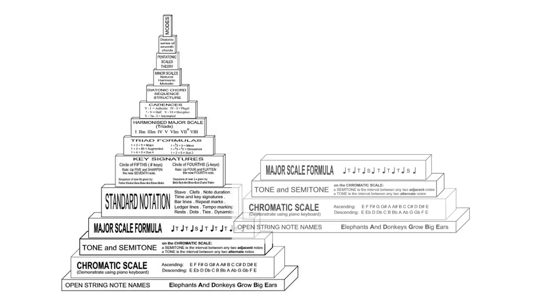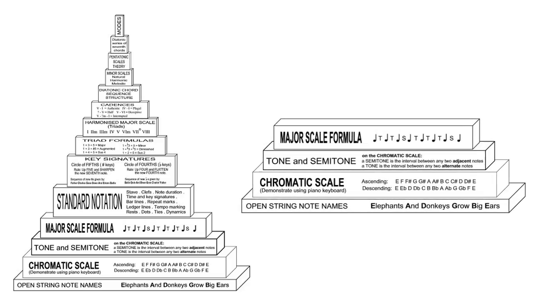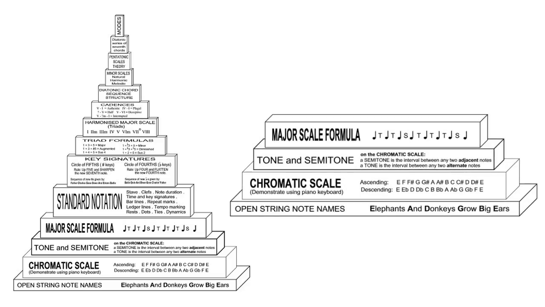Now we come to the most important part of the pyramid, the very foundations of the subject. The first two levels involve learning the open string names and the chromatic scale. With just these two things learned thoroughly, you already have one way of working out the name of any note on the guitar fretboard.